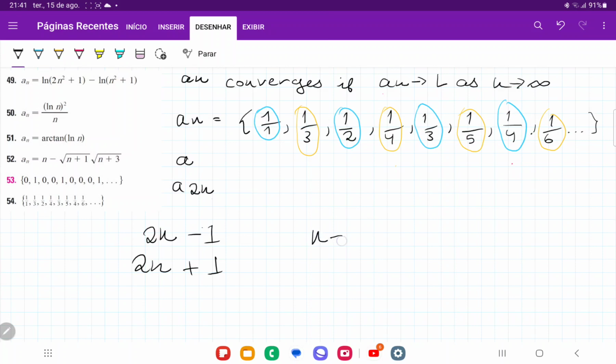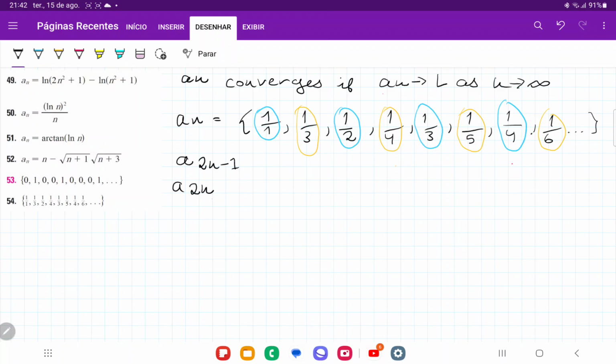Since we're evaluating at n equal to 1, if I plug in 2 times 1 plus 1, it's going to begin my index at 3. I don't want it to begin at 3, I want it to begin at 1, because it begins at 1 over 1. If I plug in 1 into 2n minus 1, it gives me 2 times 1 minus 1, which is 1. So that is where I want to begin. That is going to be my a sub 2n minus 1.